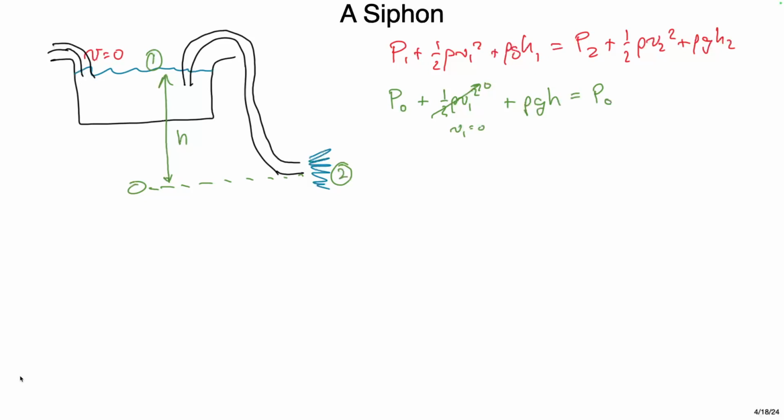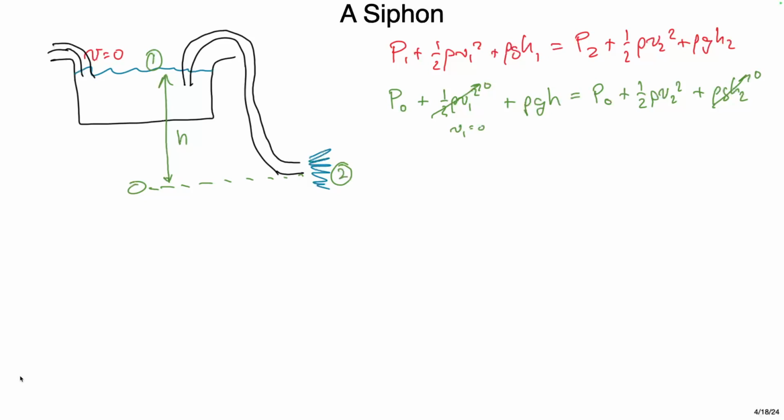There's no significant difference between the pressure at the surface of the tank and the pressure where the water is squirting out. Okay, is the water moving down there at point number 2? Yeah, that's what we're trying to find, right? We're trying to find out how fast the water comes out. So we can't get rid of that term. And what's the height at point 2? It's nice 0, because that's where we put 0, right? So rho g h2 is going to be 0.